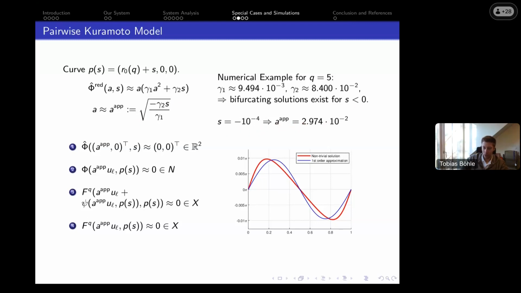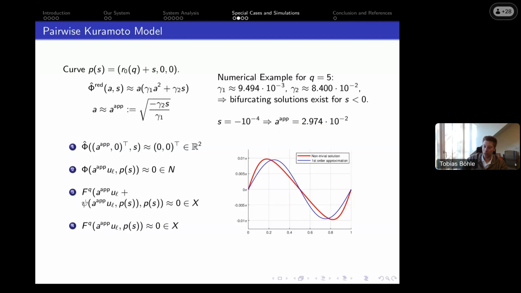And so we can approximate the function v as A approximate times UL, and this is then given by the blue curve here, which is a sinusoidal function with this amplitude here.